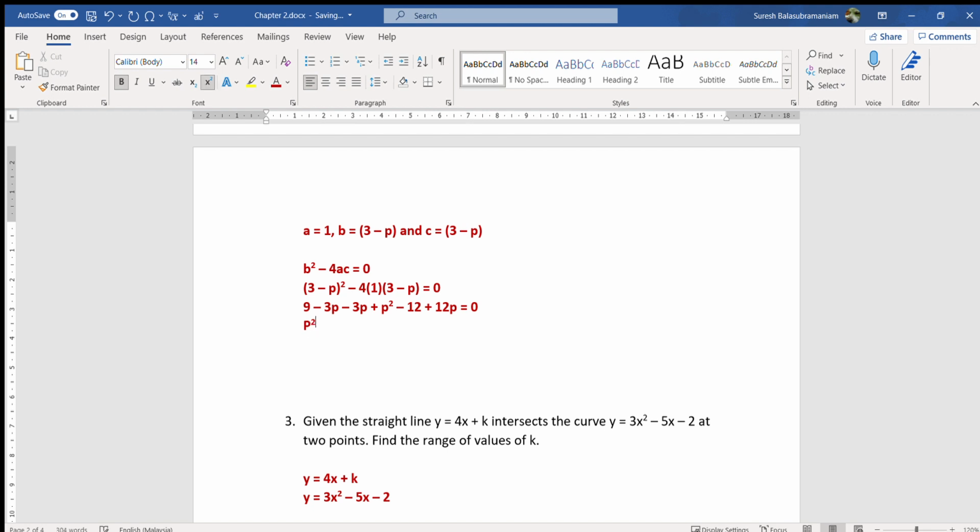P squared minus 3p plus 2p, you get plus 6p.